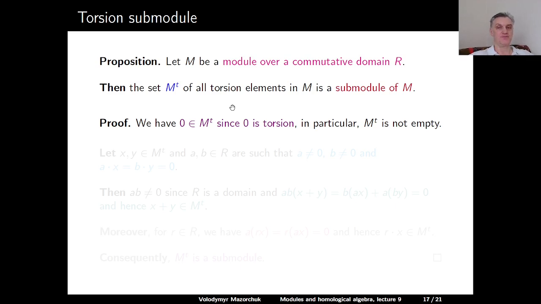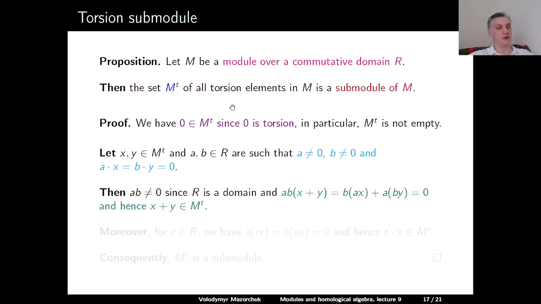It is non-empty. Let X and Y be two elements in the torsion part, and let A and B be two non-zero elements in our ring R, such that A belongs to the annihilator of X and B belongs to the annihilator of Y. Since R is a domain, the product AB is a non-zero element, and it actually annihilates X plus Y, because when we apply AB to X plus Y, this is equal to AB applied to X, which we can rewrite as B applied to A applied to X, and then plus A applied to BY.